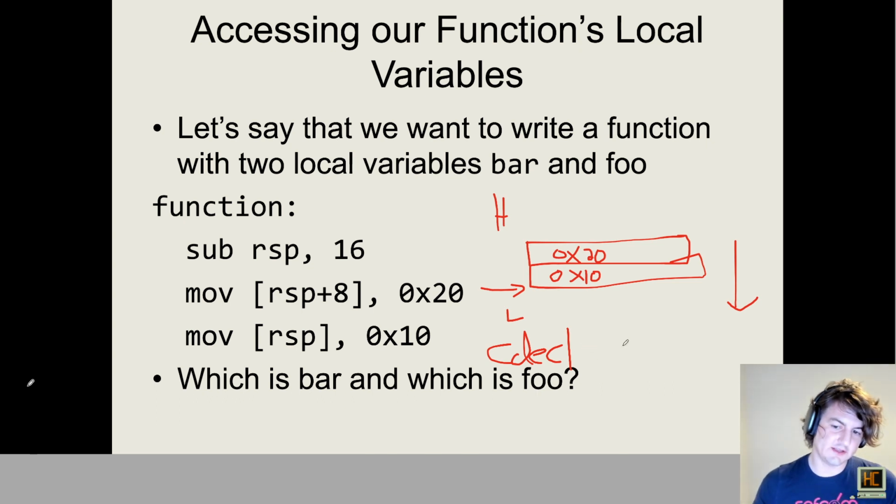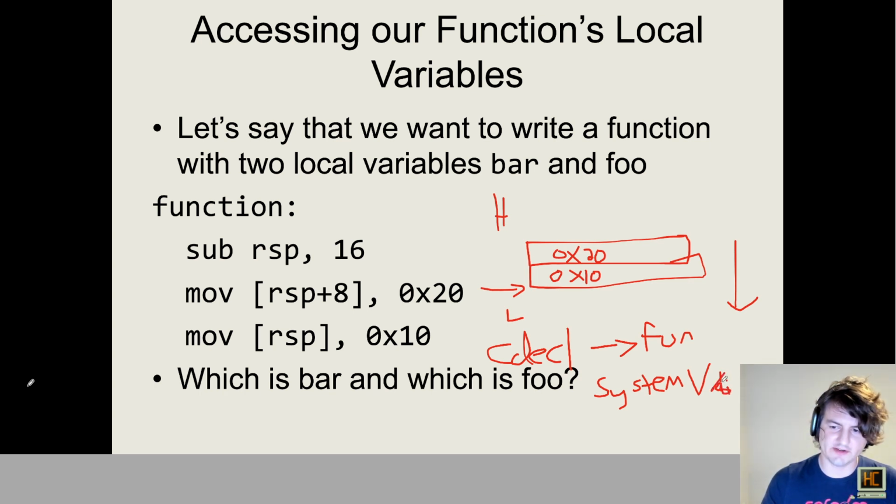Yeah, so CDECL is for calling functions, right? So that's when we want to call a function. But we are actually using, in x86-64 on Linux, the System V ABI. So we're actually using the System V calling convention. But fundamentally, because we didn't actually call anything, calling conventions don't come into play here at all.